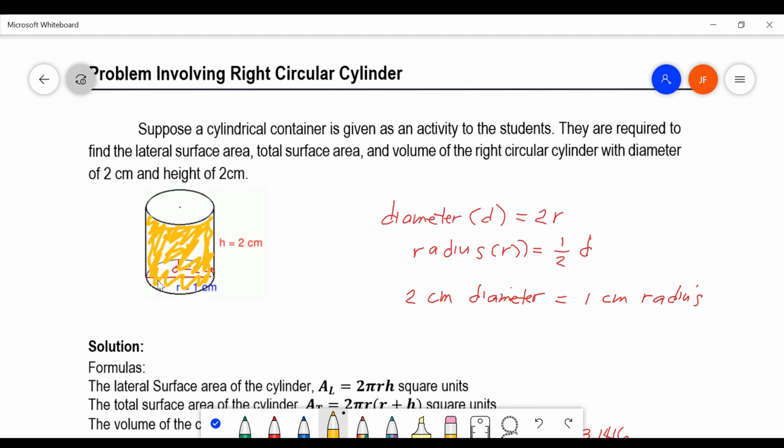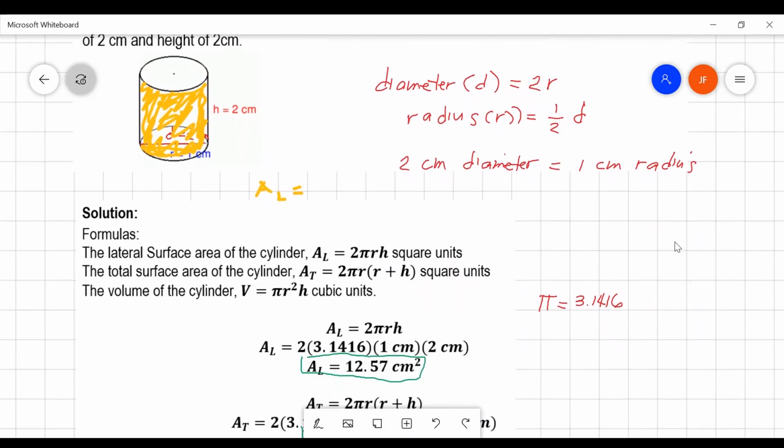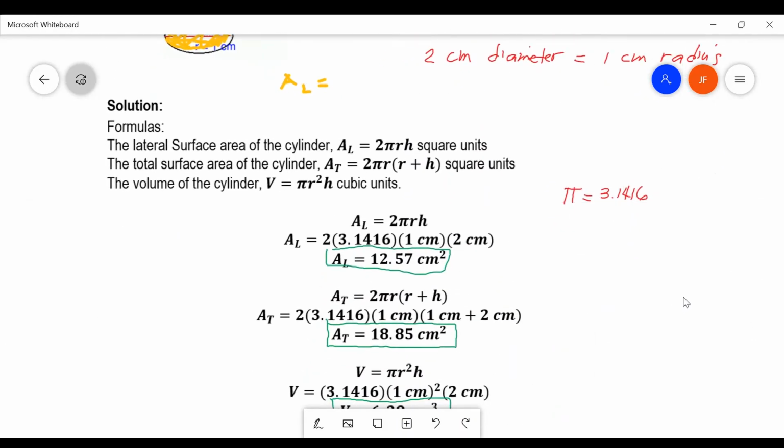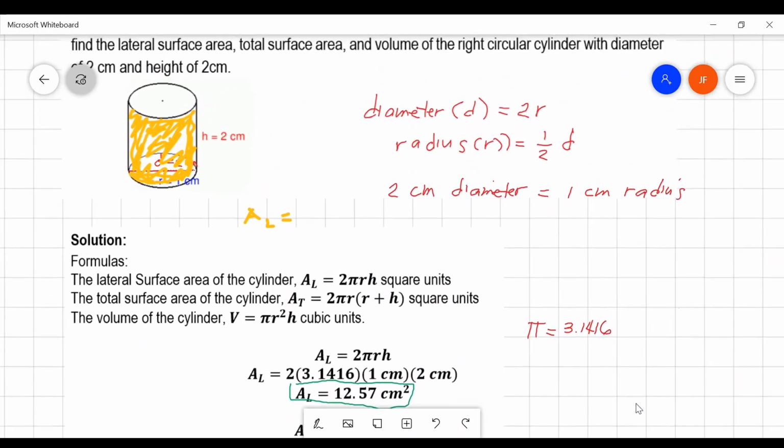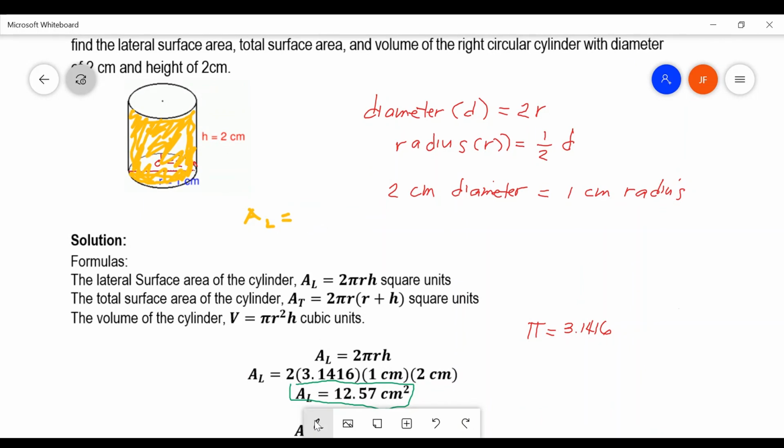Let me recall, the lateral surface area is equal to 12.57 centimeters square. So this is 12.57 centimeters square.